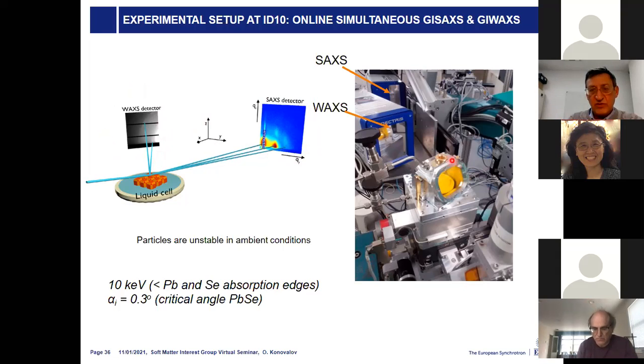So this is the experimental setup. This is a cell. This is a bath, which afterwards has nanoparticles dropped with a syringe going through this hole, and then two detectors, one measuring SAXS and another one measuring WAXS.